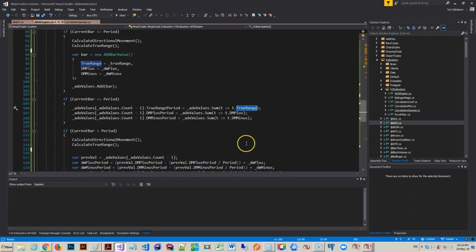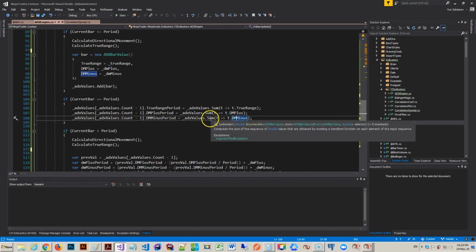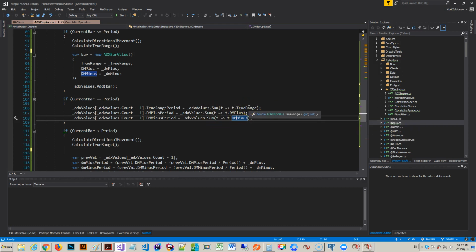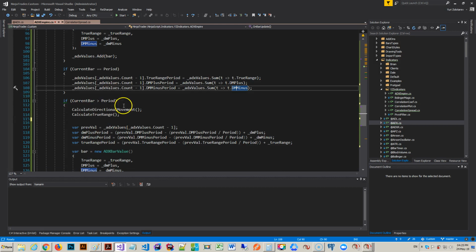On bar 14, the way you calculate the true range for the period is you sum up the true range, the dm plus, and the dm minus. You can get the DI at this point as well by dividing the dm plus by the true range, but we don't really need that.